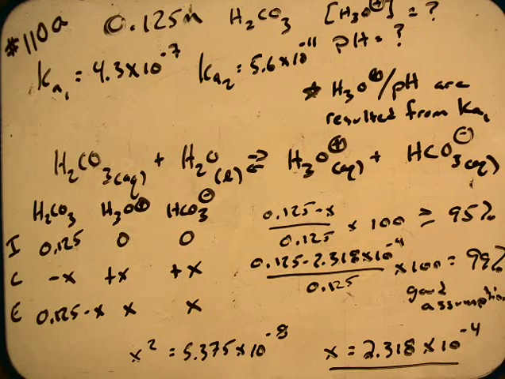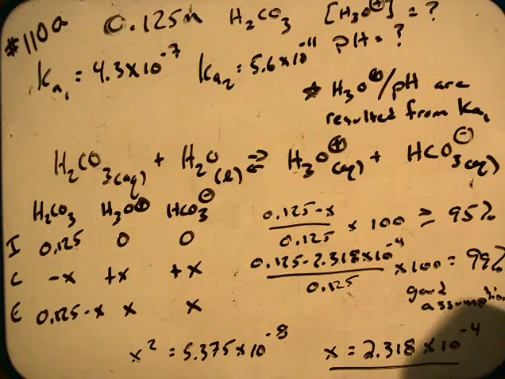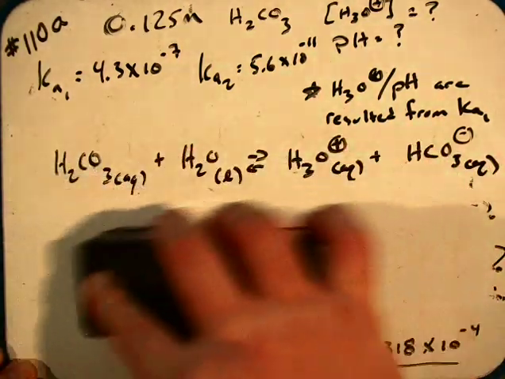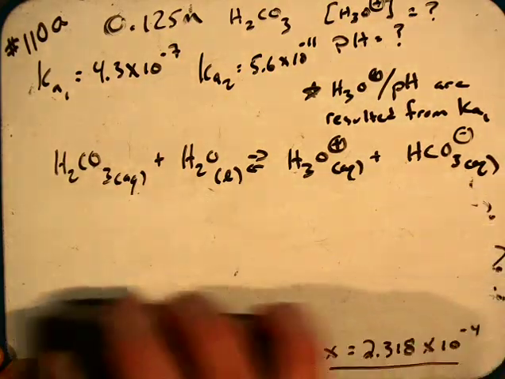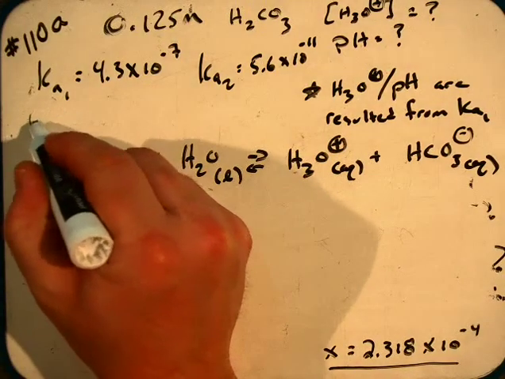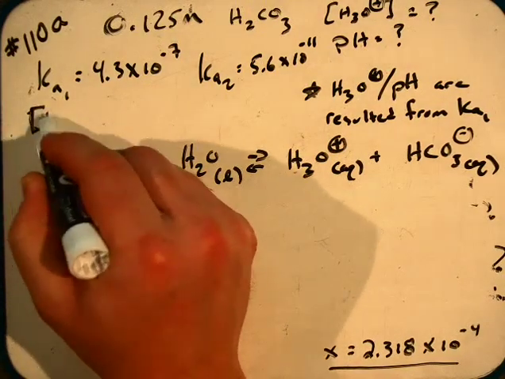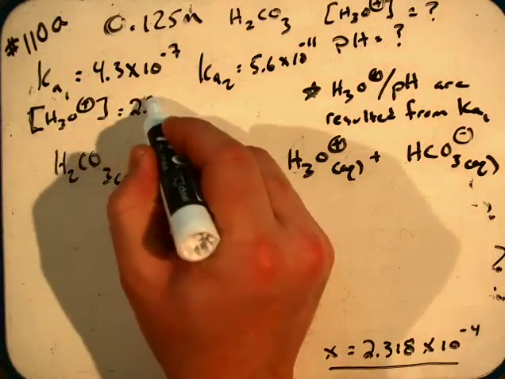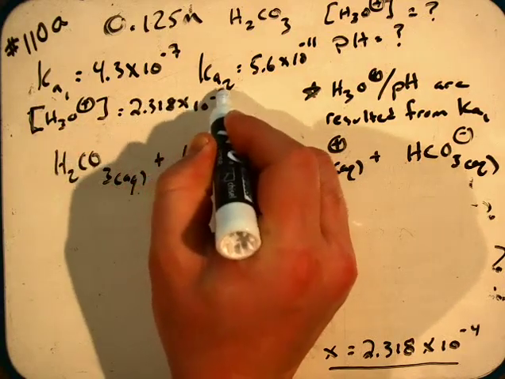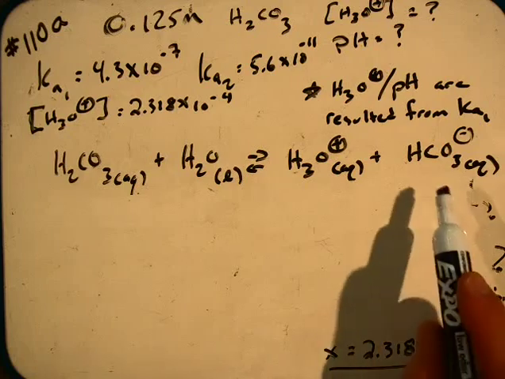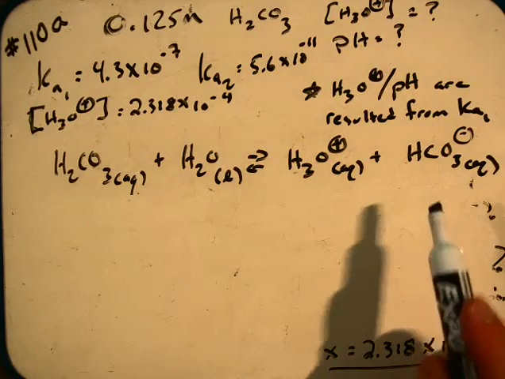So if that is x, that's our H3O plus, and from that we can actually now get the pH as well. And so to now answer the question, since our x is equal to 2.318 times 10 to the negative fourth, that is our H3O plus concentration. And remember, that was also equal to our bicarbonate concentration as well, right?